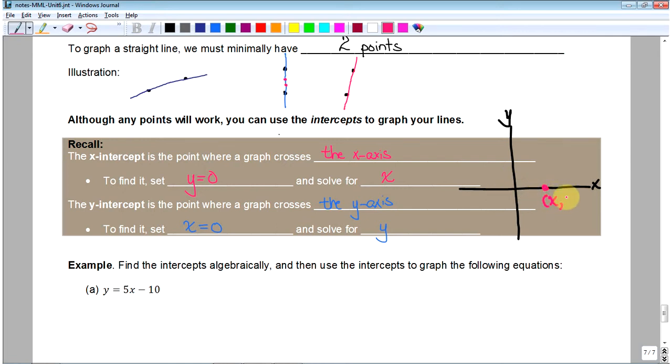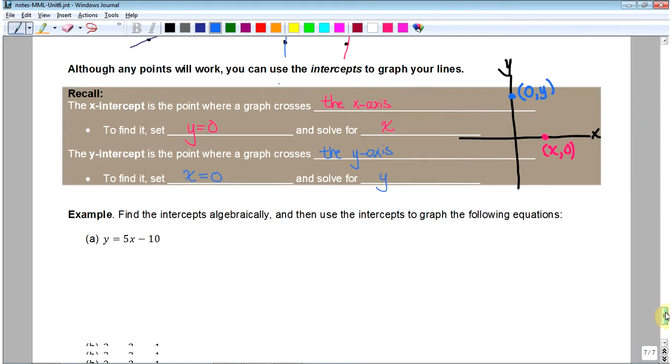But since we have not gone up or down, the y-coordinate is 0. So you can always remember to find the x-intercept, you set y equal to 0. Similarly, for any y-intercept, the x-coordinate will be 0. So you would just plug that value in your equation, figure out what y is, and you have your y-intercept.